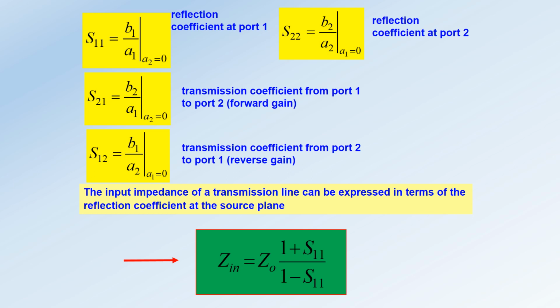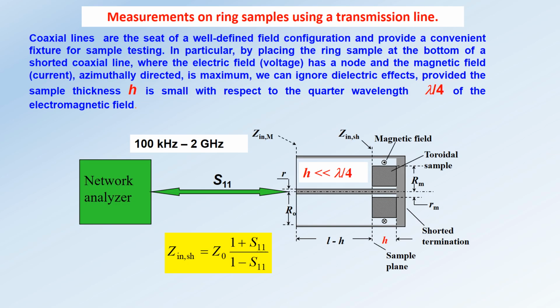The input impedance of the transmission line can be expressed in terms of the reflection coefficient at the source plane, and is expressed in terms of S11, the reflection coefficient for port 1. Now let's consider measurements on ring samples using a transmission line, which is the case of our ferrite sample.